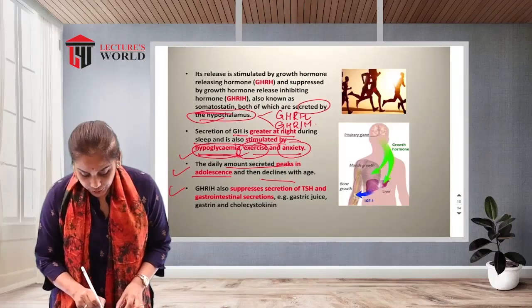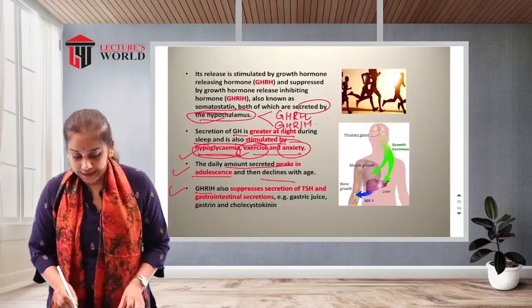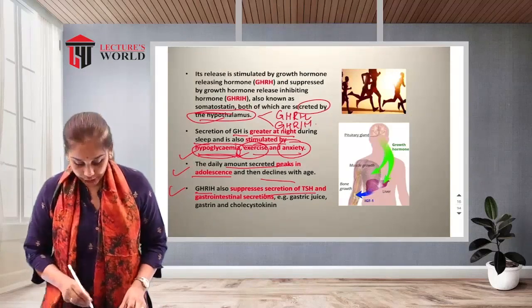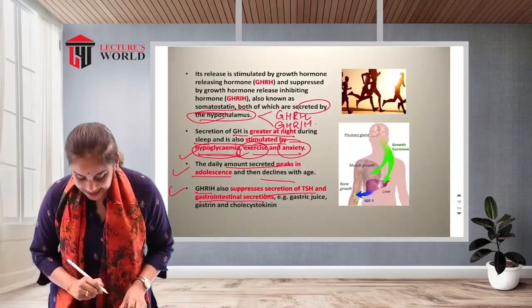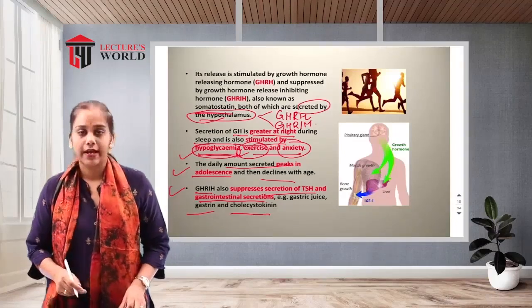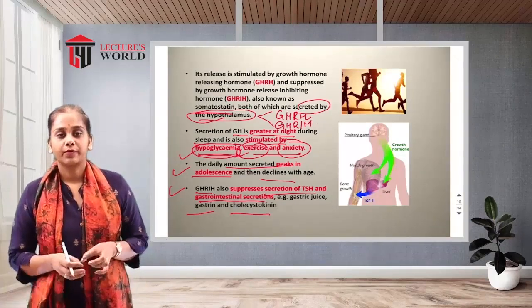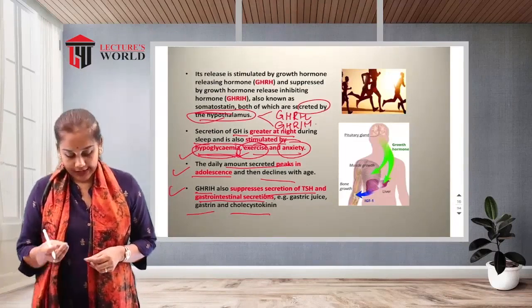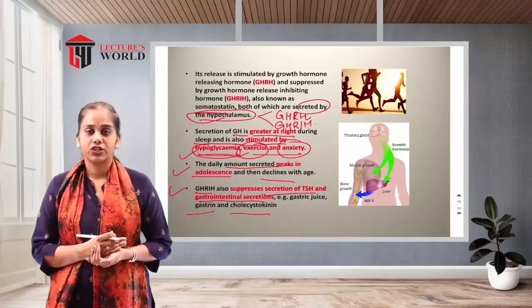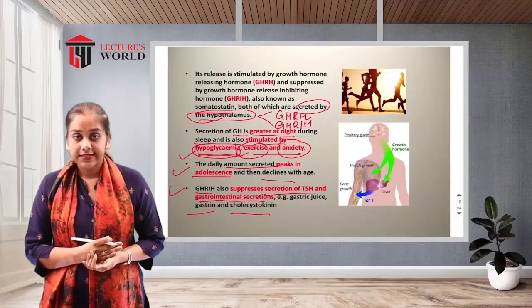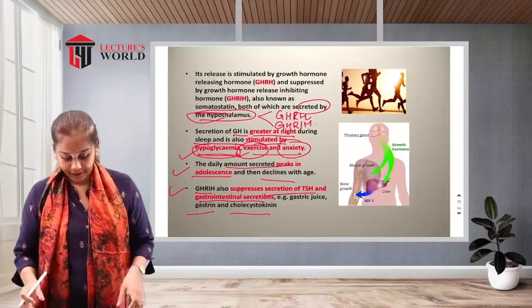Then growth hormone releasing inhibiting hormone suppresses the secretion of thyroid stimulating hormone as well as GI secretions like gastric juice, gastrin and cholecystokinin. Some amount of metabolism function is there. So they suppress the secretion of thyroid stimulating hormone as well as the GI secretions.